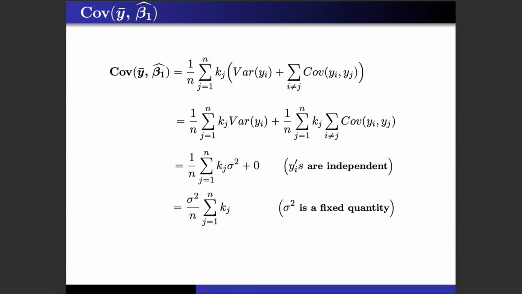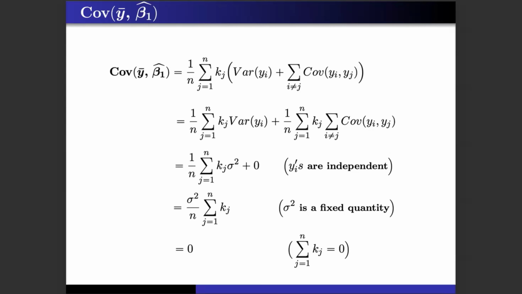In the next step, we use the fact that sigma square is unknown, but it is a fixed quantity. And therefore, we can pull sigma square out of the summation sign. When we do that, we get sigma square divided by n summation over j kj. In particular, for beta 1 hat, we proved that beta 1 hat is equal to summation kj yj.